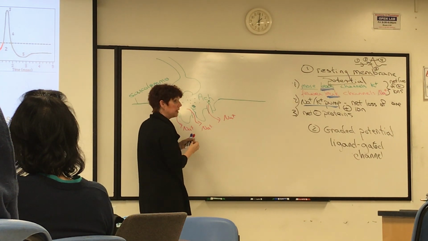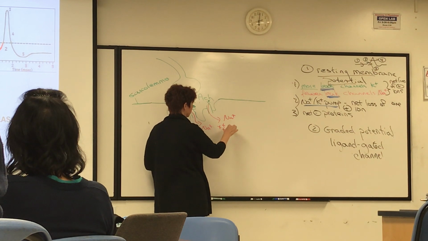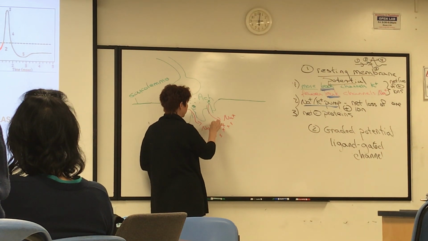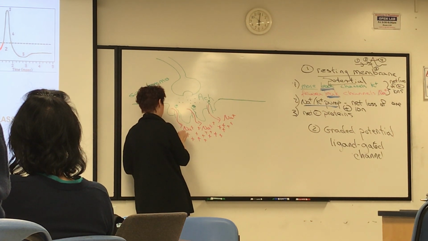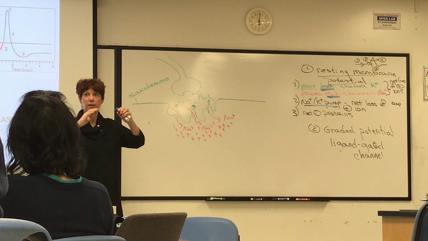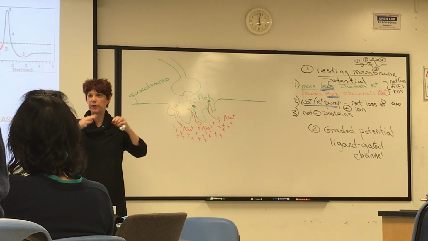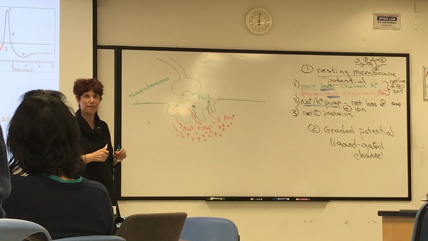And as we build up a number of positive ions, we're increasing their concentration, right? And so if they're high in concentration here, but not high in concentration there, those positive ions are going to diffuse away from the motor end plate and out under the regular sarcolemma.